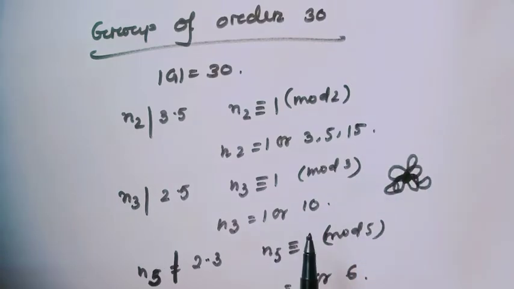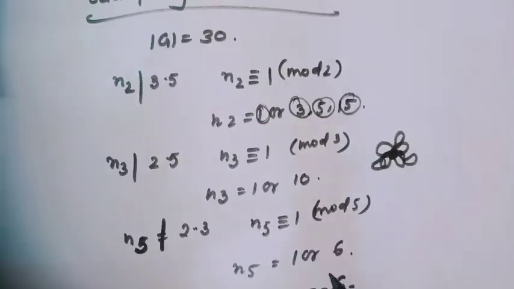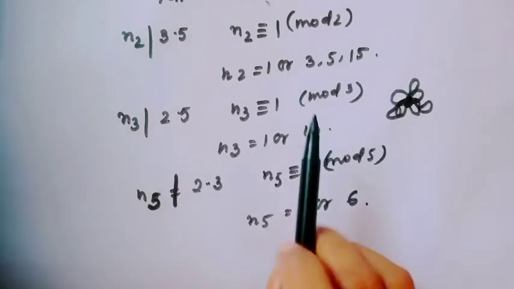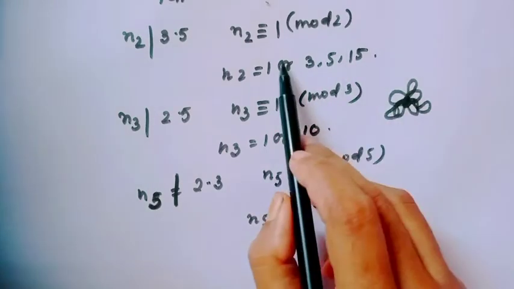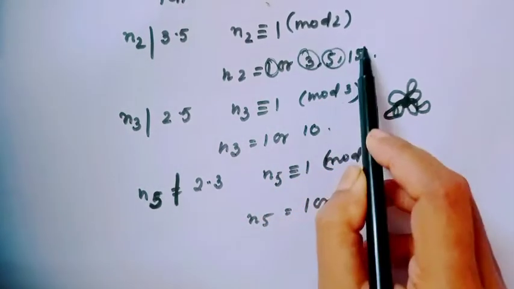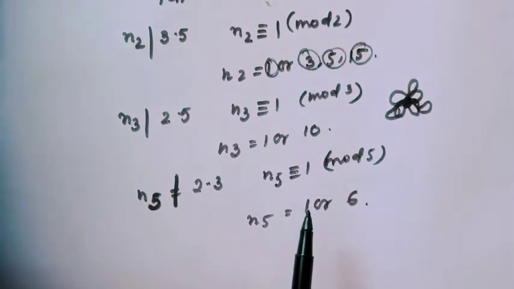Similarly, the number of Sylow 3-subgroups is either 1 or 10, and the number of Sylow 5-subgroups is either 1 or 6. For Sylow 2-subgroups there are many possibilities, so I will look at first the Sylow 3-subgroups and Sylow 5-subgroups.